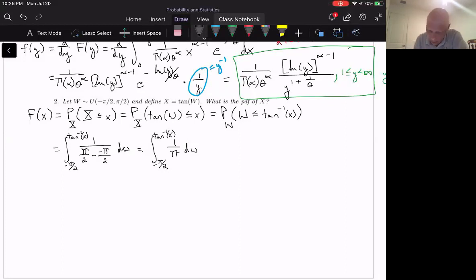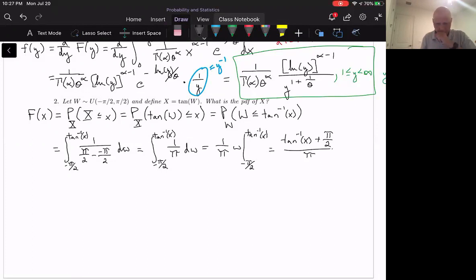So we could just integrate this to get 1 over pi W evaluated from negative pi over 2 up to the arctan of x, which is arctan of x minus a negative pi over 2, which becomes positive, over pi. And this is the CDF.